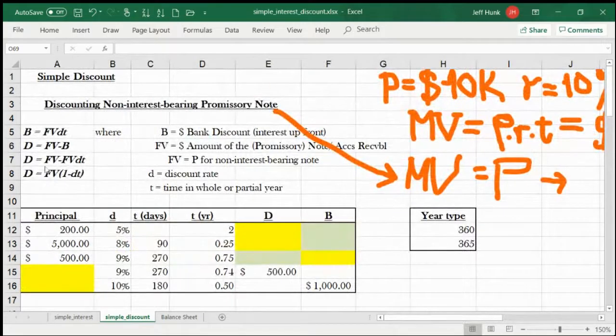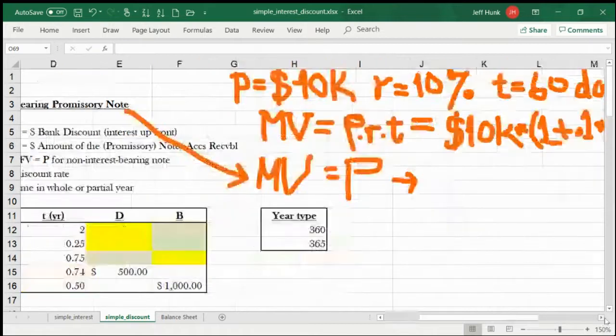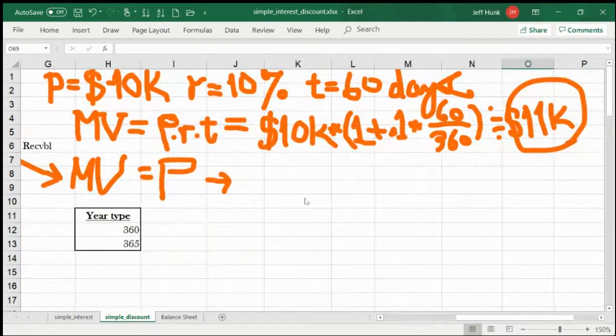So that means, if they use a 10% discount rate, what is their cut?